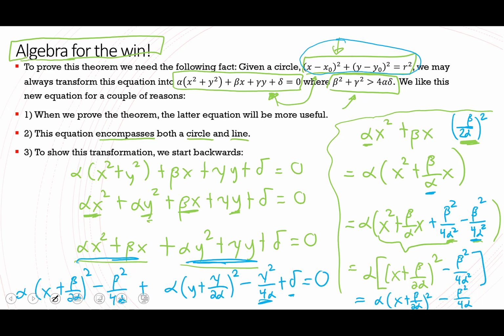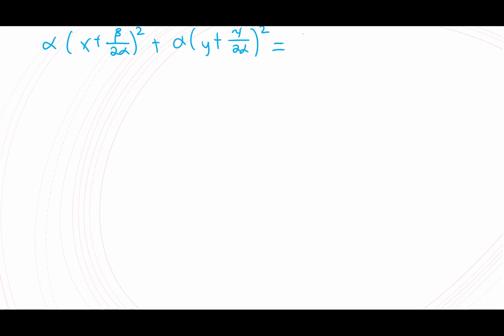So we have alpha times x plus beta over 2 alpha, squared, plus alpha times y plus gamma over 2 alpha, squared. And then I'm moving everything to the right hand side. Let's see, we'll have beta squared over 4 alpha plus gamma squared over 4 alpha minus delta.